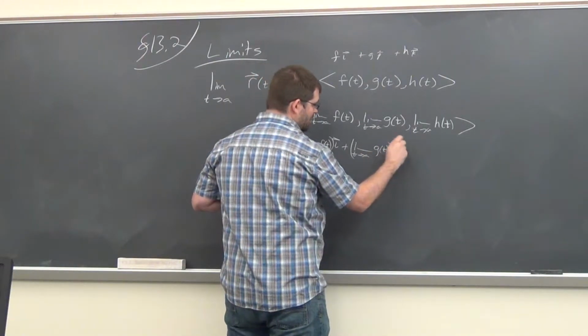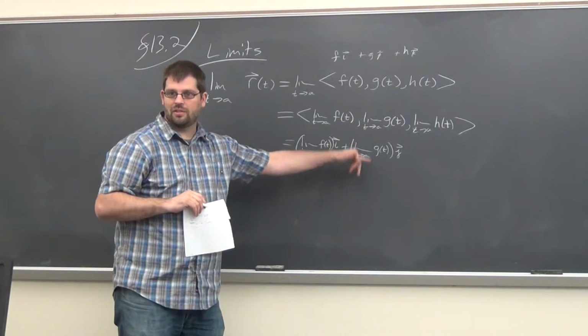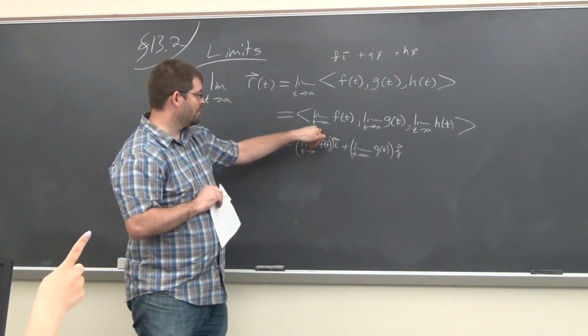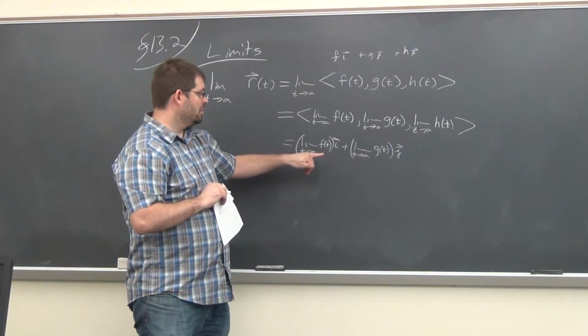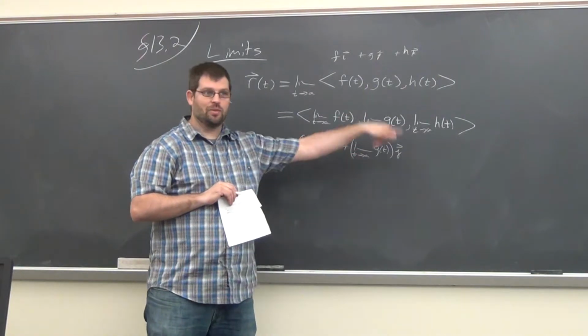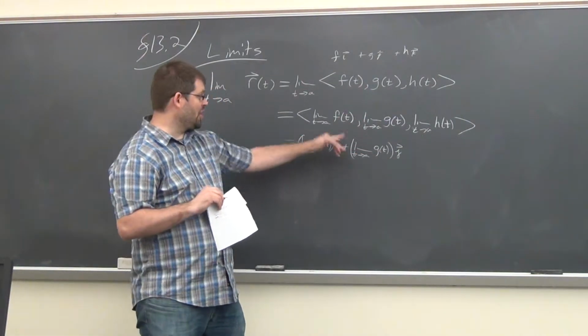These are just numbers times i, j, and k. Do I need to transfer the equation into a vector? Well, it is a vector. It's something times i plus something times j plus something times k. That's a vector. It's just another way to write this.